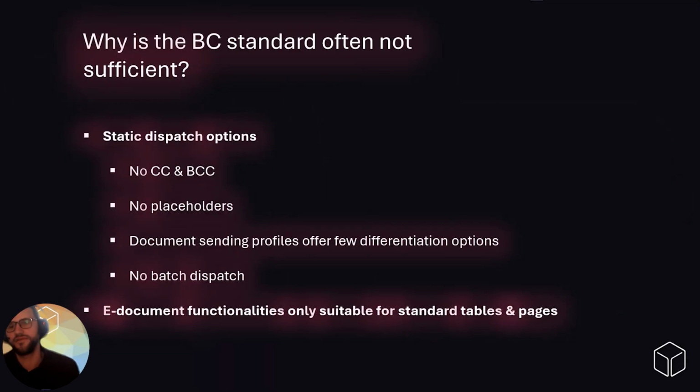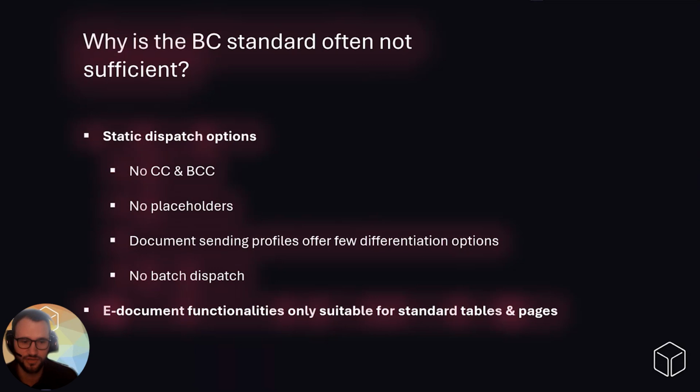Why is the standard often not sufficient enough? The standard dispatch options are just too static when it comes to the record dispatch. So there's no option to add additional CC or BCC addresses, for example. You don't have the possibility of inserting placeholders with information from the system.